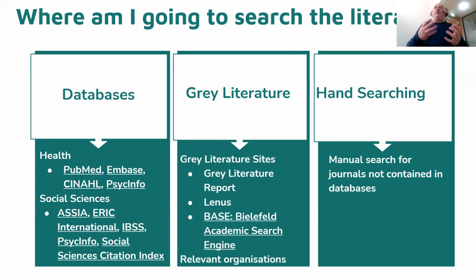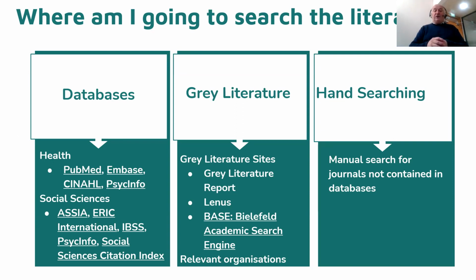If it was medical education, for example, you might be looking not only in medical databases, but also in appropriate education databases. We've listed some of the databases for both health and social sciences. Once again, it's really important that you pick more than one database when you're searching. No matter how big the database is, it clearly covers just one chunk of the literature. So you need to develop or adapt your search strategy for multiple databases.